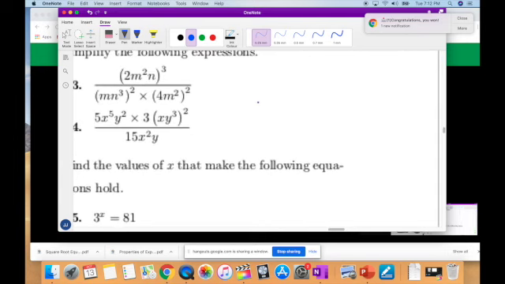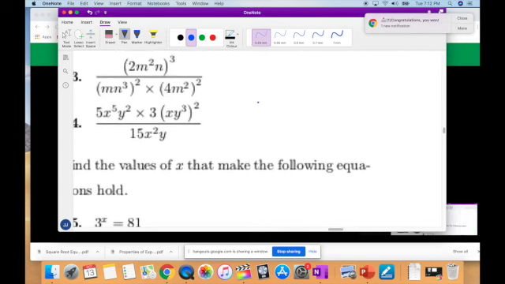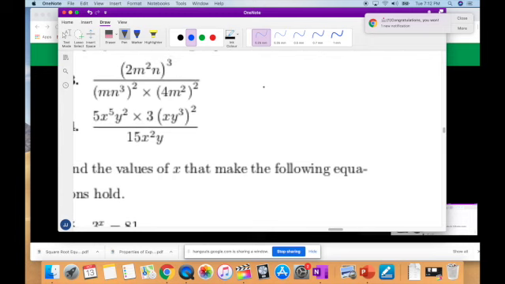Right. So with this one, number 44, right, we could see here that 5x to the 5th y squared multiplied by 3 brackets x y cubed.